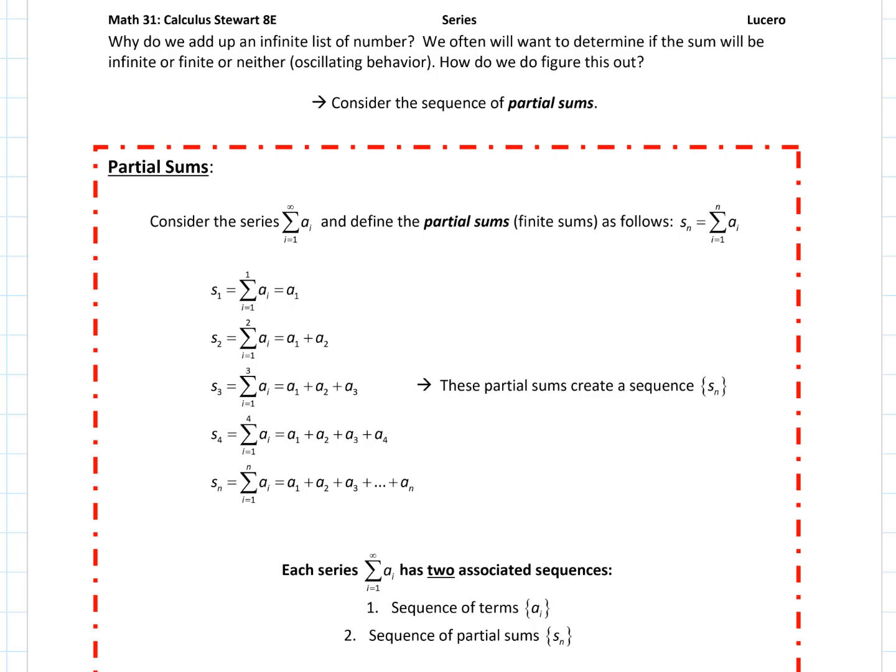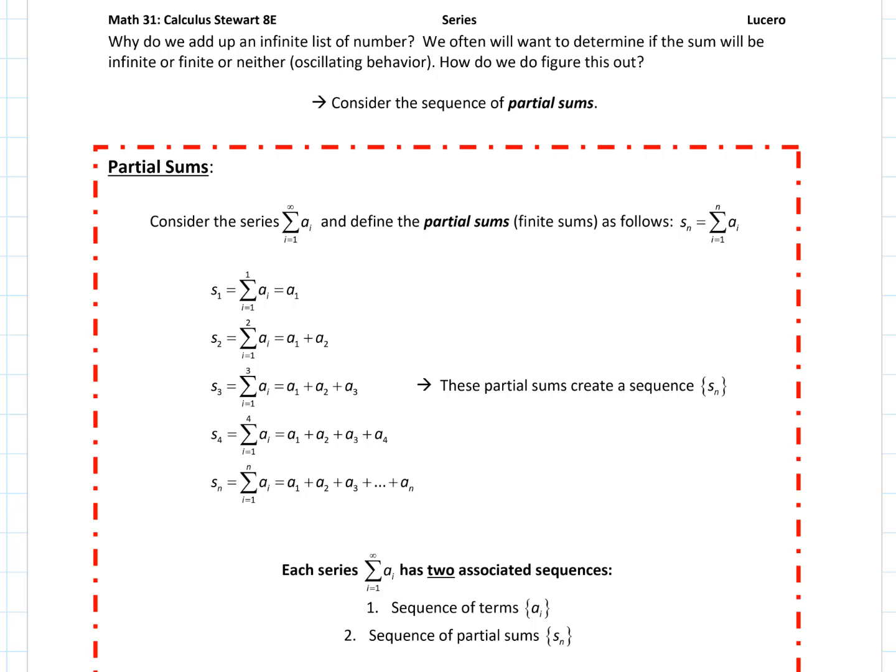So when we have a series, we have to think about it in two ways. One, we think about the fact that it has a list of terms, the a sub i's. And we also think about the fact that it creates a second sequence of terms, what are called the partial sums. The partial sums are looking at each of the sums as we increase the index.